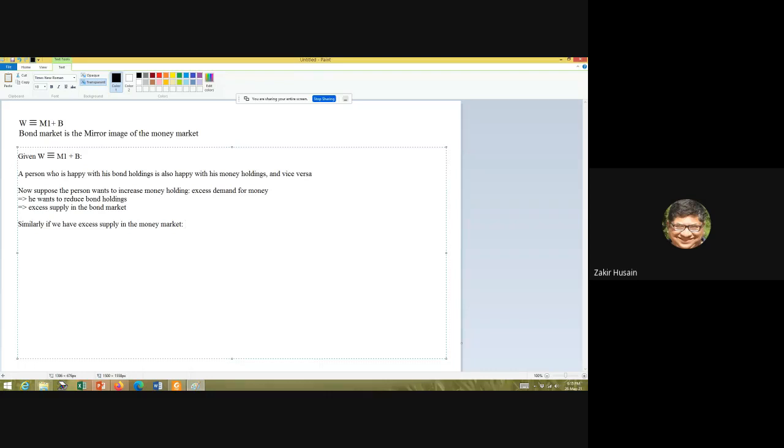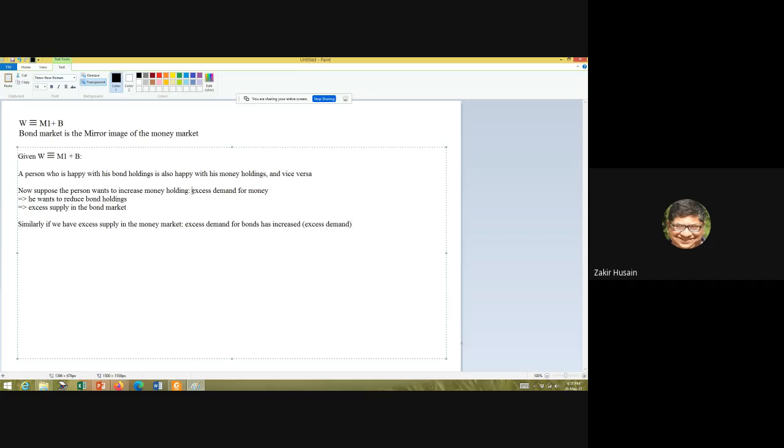So if you want to reduce stock of money, that means you want to increase bond holding. So that means demand for bonds has gone up. So you have excess demand for bonds.